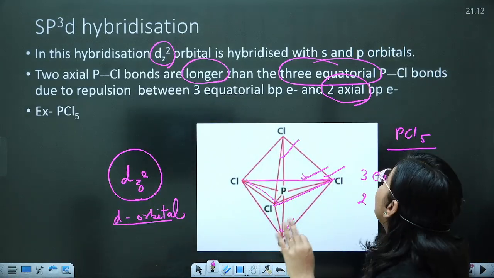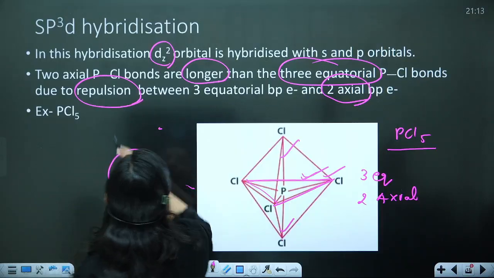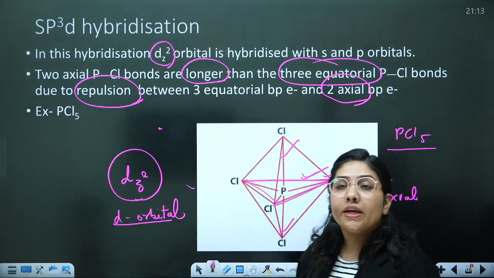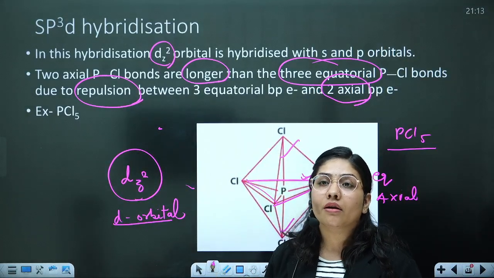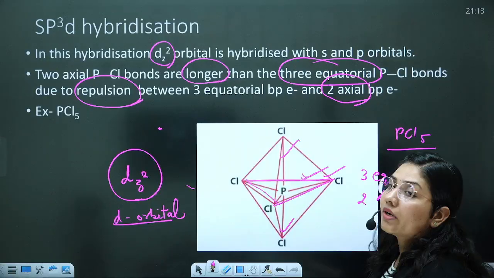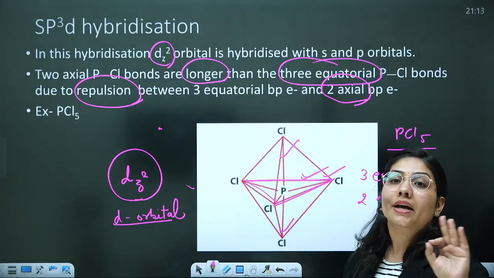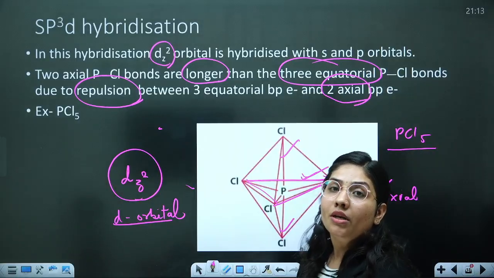Okay, why is it so? Due to the repulsion between bond pairs of electrons. Okay, that's why it attains such a geometry to minimize the repulsion and attain the stable geometry.